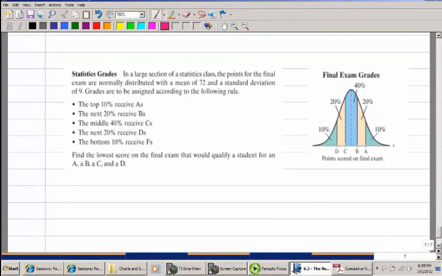The top 10% of the scores are going to receive an A. The next 20% are B's, the middle 40% are C's, the next 20% are D's, and the bottom 10% are F's.